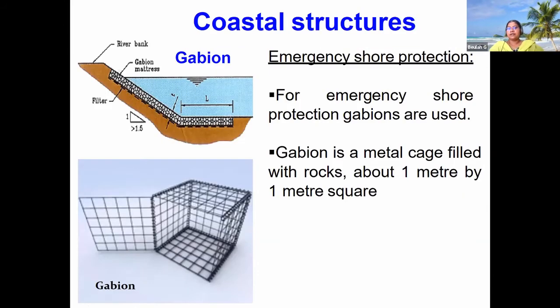Sometimes we use the member which is called the gabion. This gabion is an emergency shore protection mechanism. As you can see here, not only in river banks, these sorts of gabions are used. You can see a cage-like structure of 1 meter by 1 meter. Inside this cage, the rock pieces are stuffed in.